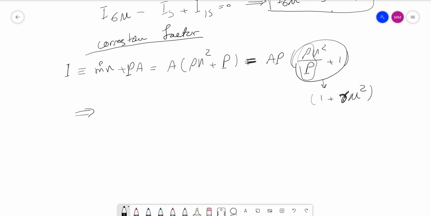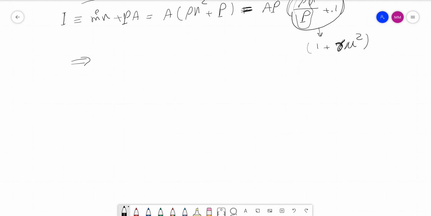So your impulse is going to be equal to 1 plus gamma M squared, multiplied by AP. Sorry, forgot about that one. That's a very important part of the analysis, right? So which means that you can replace your impulse with this equation.